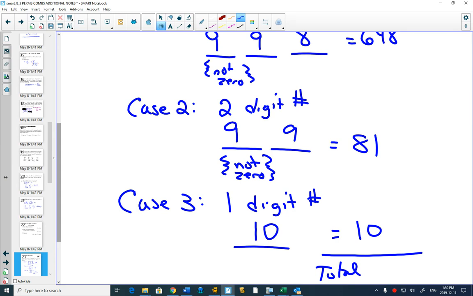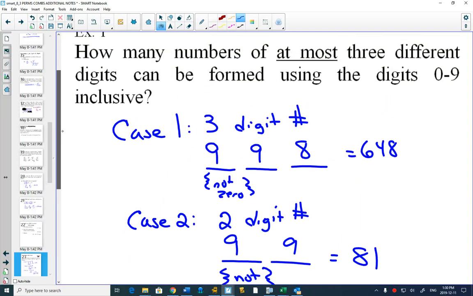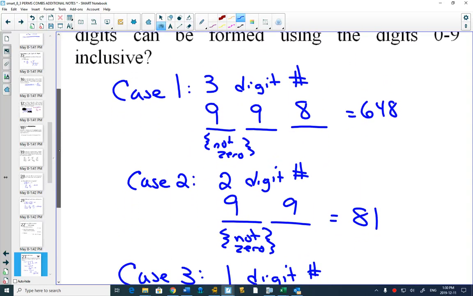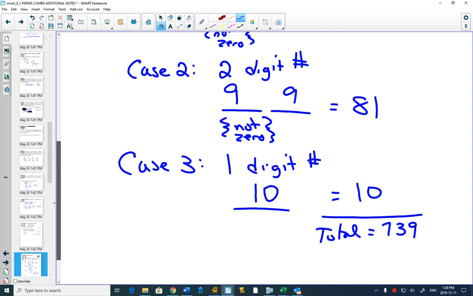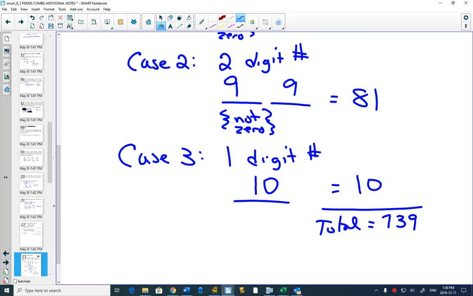So 648 plus 81 would be 729 plus 10, 739 total numbers. I think to get rid of the argument, I think in your textbook they ask a similar question, but they say between 1 and 1,000. Then they don't have to argue about that 0.